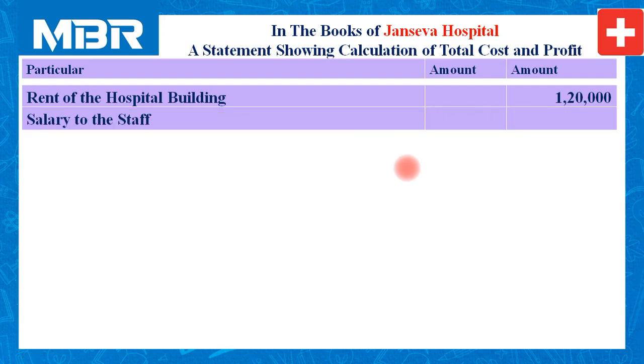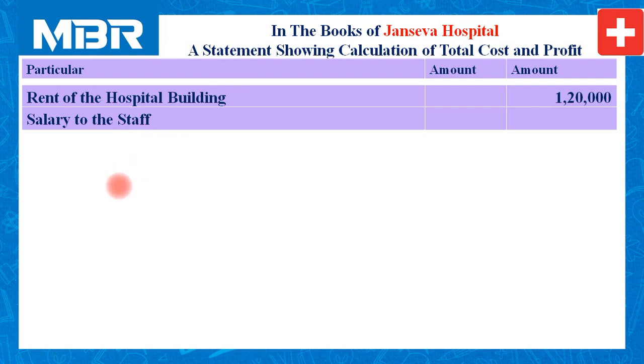Then, for the purpose of running services of the hospital, we have hired staff. Staff includes supervisor, nurse, ward boys, doctors, etc. As we all know, when we hire staff to run our own business, we need to pay them salary, and the amount of salary is predetermined.